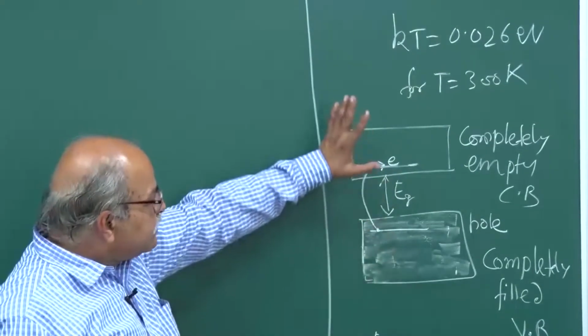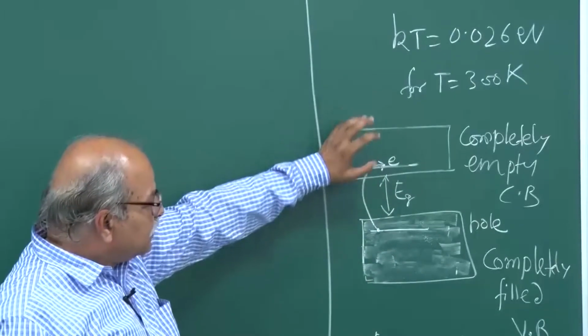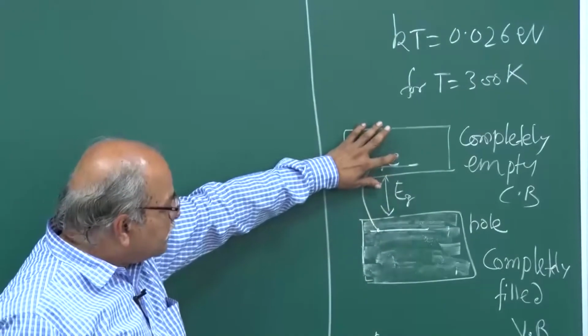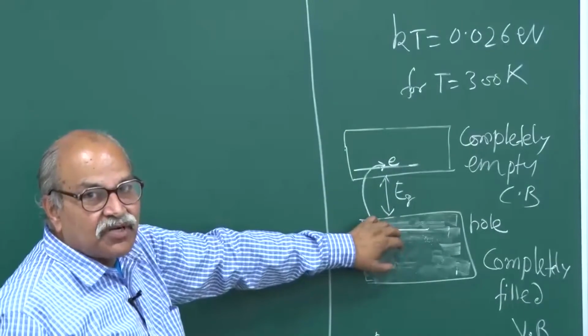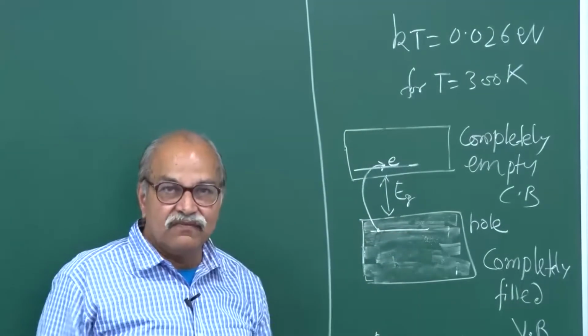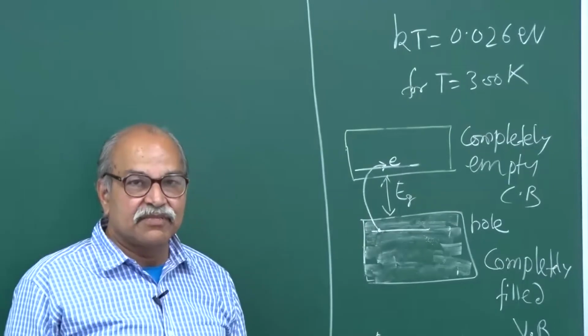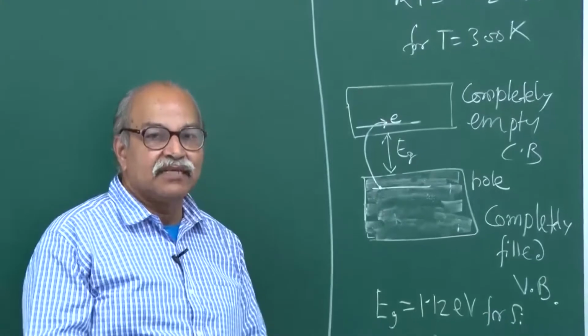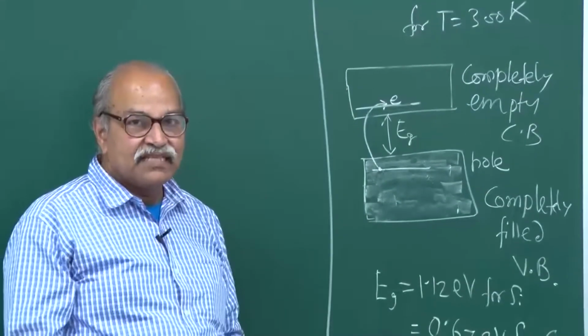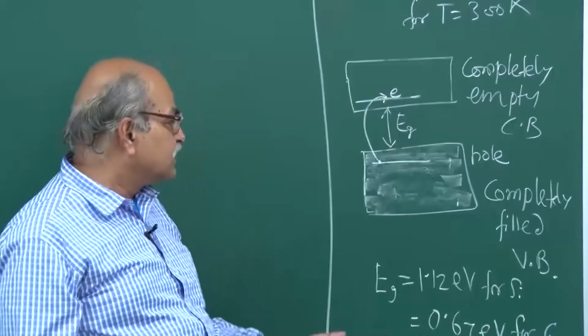At any given temperature you will have some electrons here and some holes here, because thermal interactions are always there. So, energy is taken by the electron, given by the electron. Those kinds of exchanges are always there.